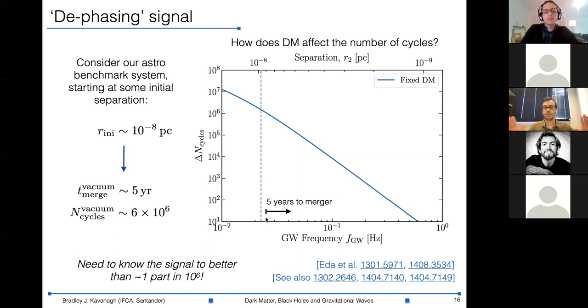And so the frequency range that you observe over actually corresponds to a lot of cycles, a lot of orbits of the binary. Does that make sense? Yeah, so it's like a longer monitoring campaign of the object. It's both a longer monitoring campaign and also a slower evolution in frequency. Right. Yes. Thank you.